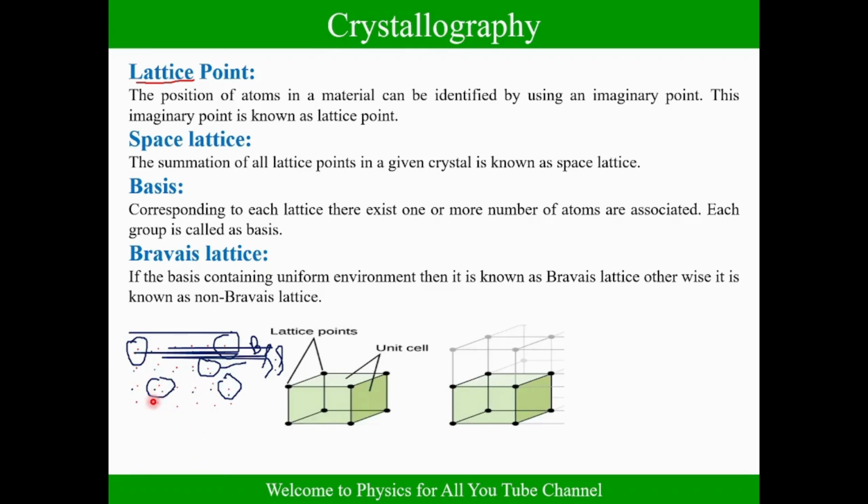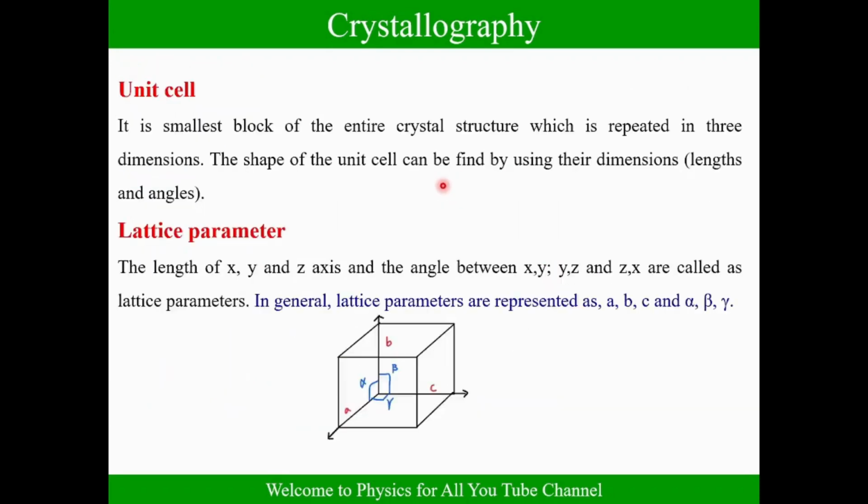This basis contains two atoms and this basis contains only one atom. If the environment is not identical, such an environment is called a non-Bravais lattice. If each and every basis contains a uniform arrangement of atoms related to all the lattice points, such an environment is called a Bravais lattice.